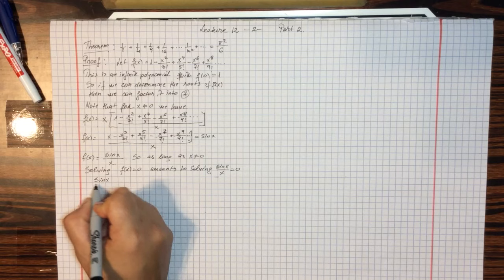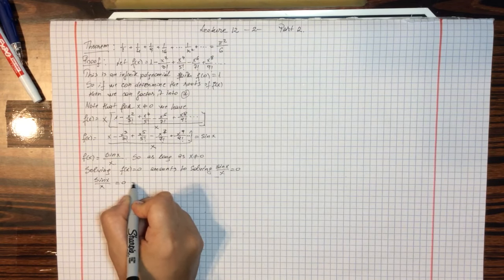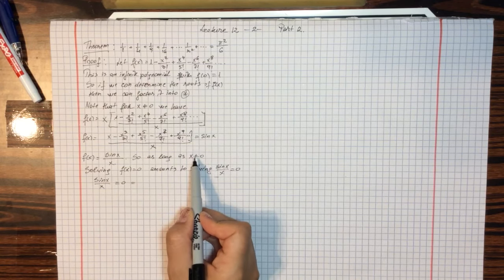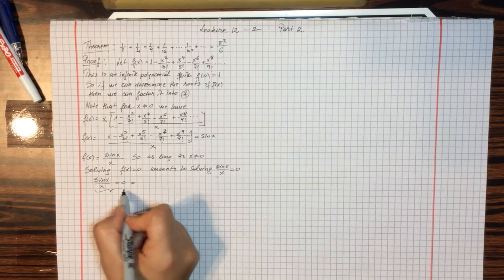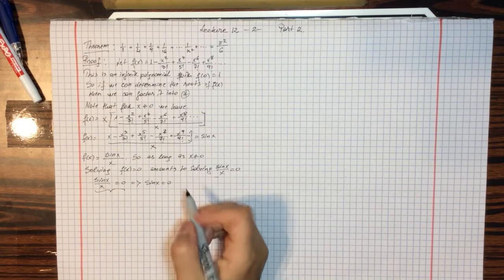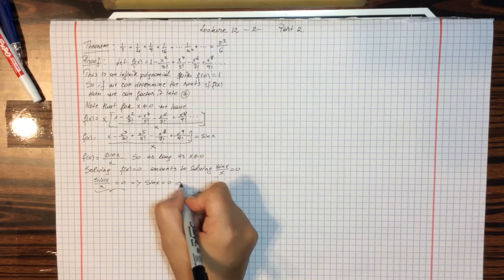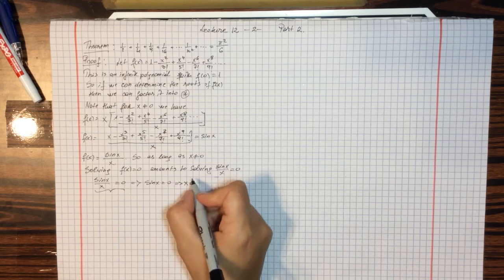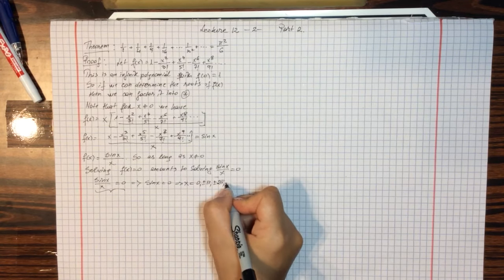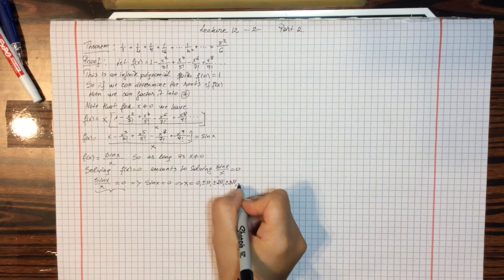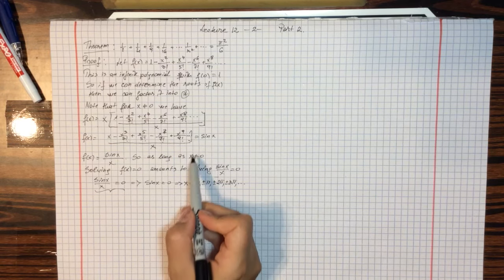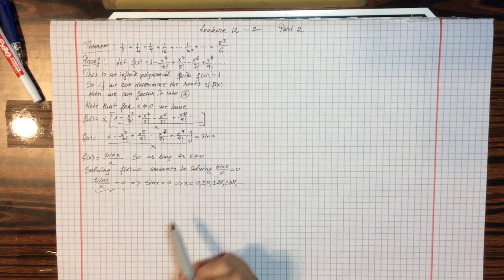Okay, so let's work with this now. So sine of x over x equals 0. This will be 0 if and only if sine of x actually is 0, because we're demanding that x itself is not 0. But from part 1 we know that sine of x is equal to 0 exactly at x equal to 0, plus minus pi, plus minus 2 pi, plus minus 3 pi and so on. So we are going to eliminate 0 here, because we are only talking about x not equal to 0.